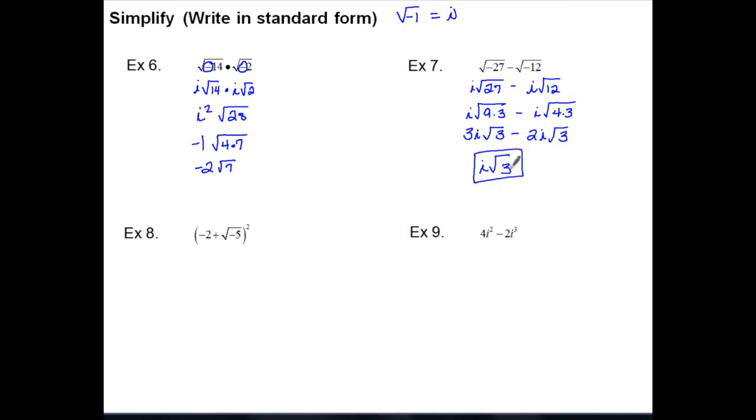Now I want to point something out to you because you all have the solutions guide. We gave you all the solutions guide, and I want to let you know that the book is going to write these differently. Here's how your book is going to write this, and I don't like it this way, and I will not encourage you to write it this way, but your book is going to write this as square root of 3 with the i behind it. And the reason I don't really care for that is because here's what some of you will do.